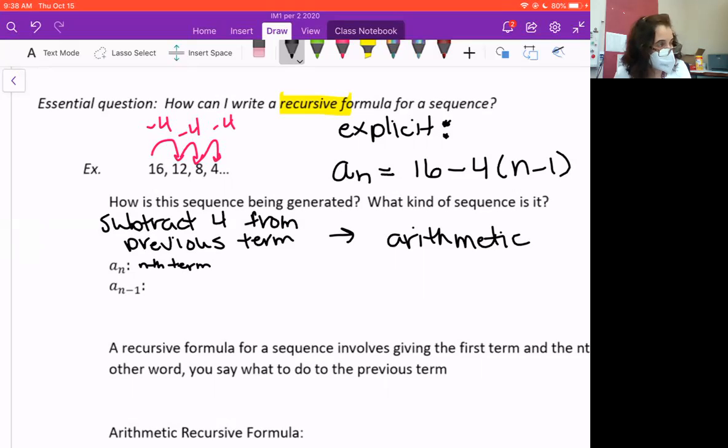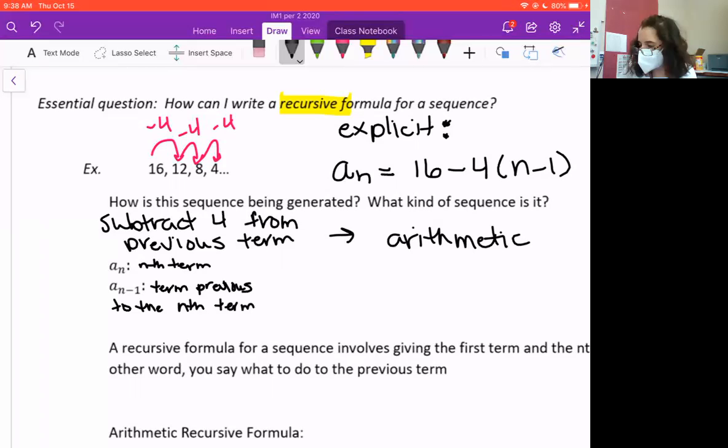So this is the term previous to the nth term.